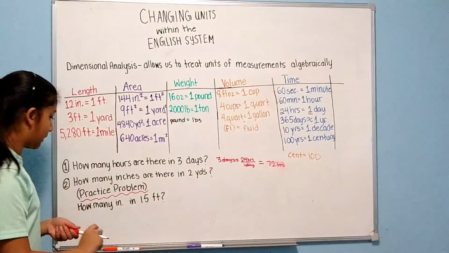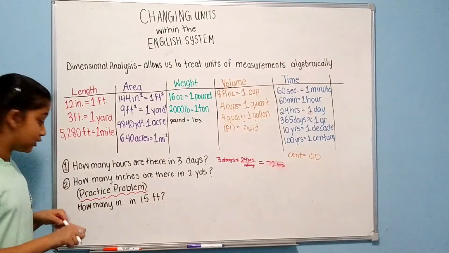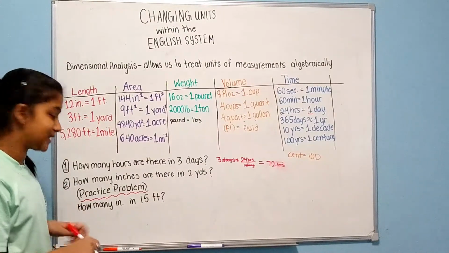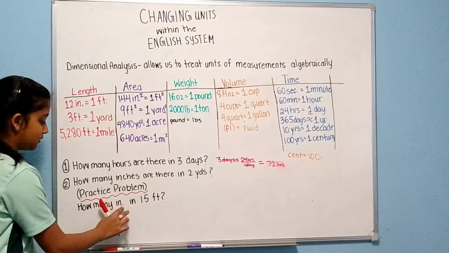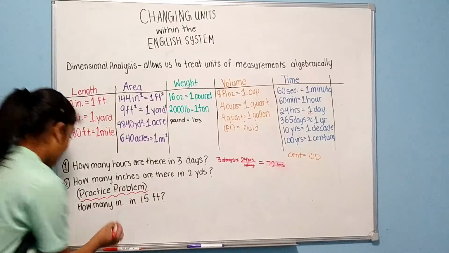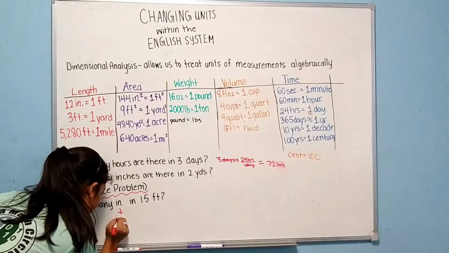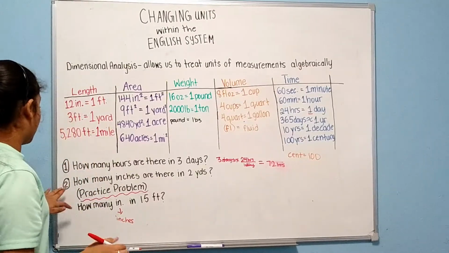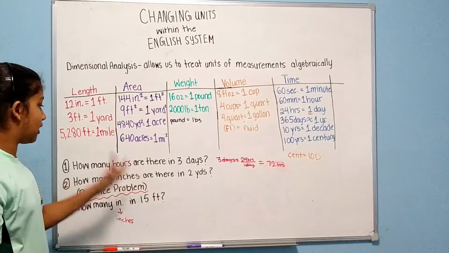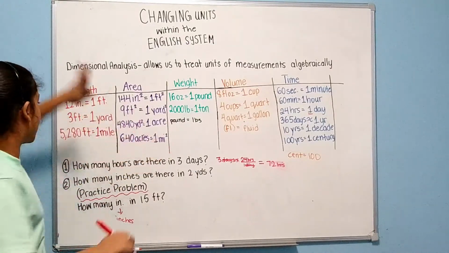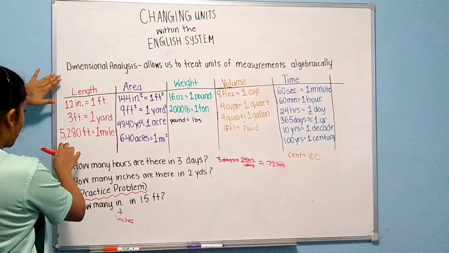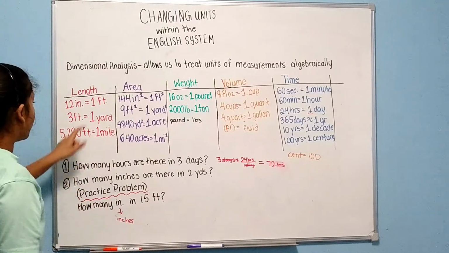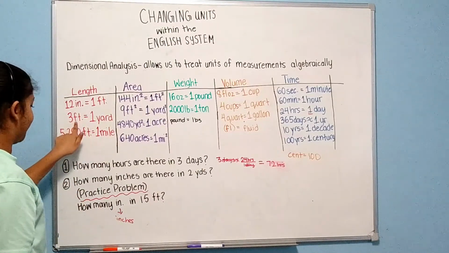Now let's move on to the second problem, and I encourage you guys to do the practice problem on your own as soon as I'm done. This is actually supposed to be inches, in case you guys get confused. How many inches are there in 2 yards? In this case, we're going to go back to length. We know that 1 yard is equal to 3 feet.